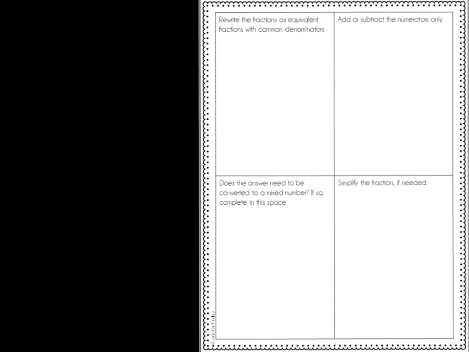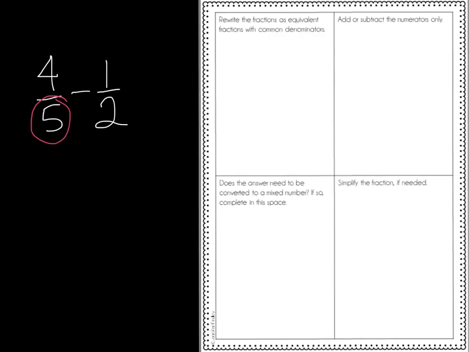Again, let's use our graphic organizer to help us keep track of our steps. I know that we are subtracting 4/5 and 1/2. Our first step is to rewrite the fractions as equivalent fractions with common denominators. In order to find what should be our common denominator, we need to look for the least common multiple.